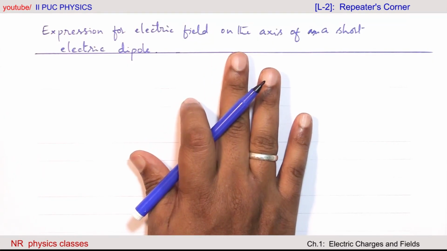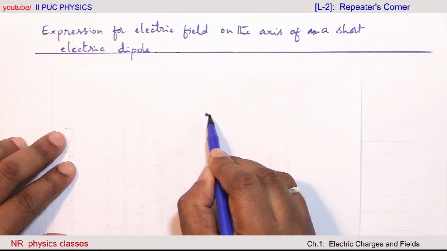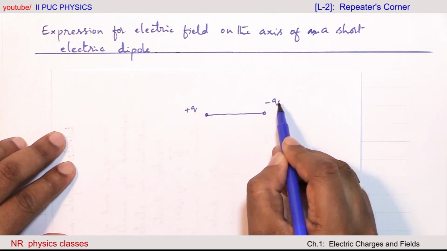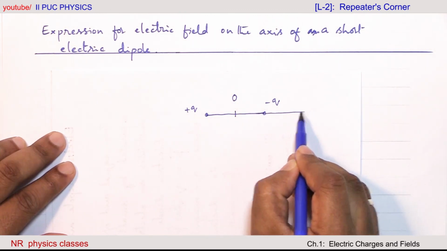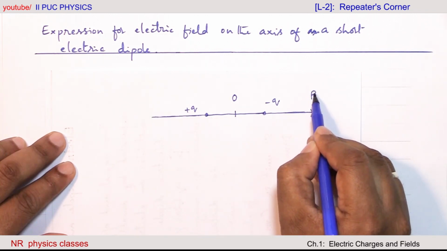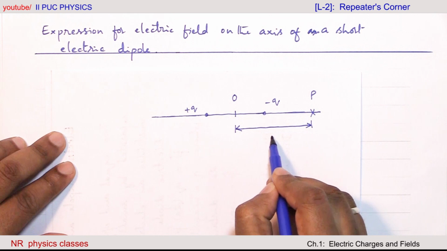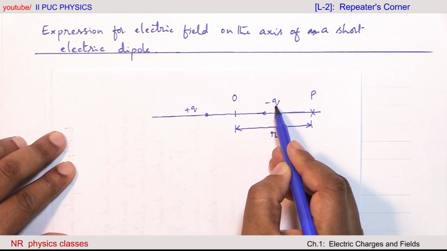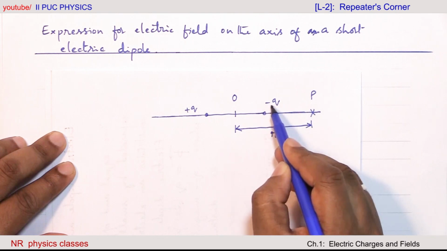Expression for electric field on the axis of a short electric dipole. This is an electric dipole, plus q, minus q, center of the electric dipole O. This is the axis. If this is point P at a distance r from the center, then minus q has some influence at P. That is the electric field at P due to minus q.